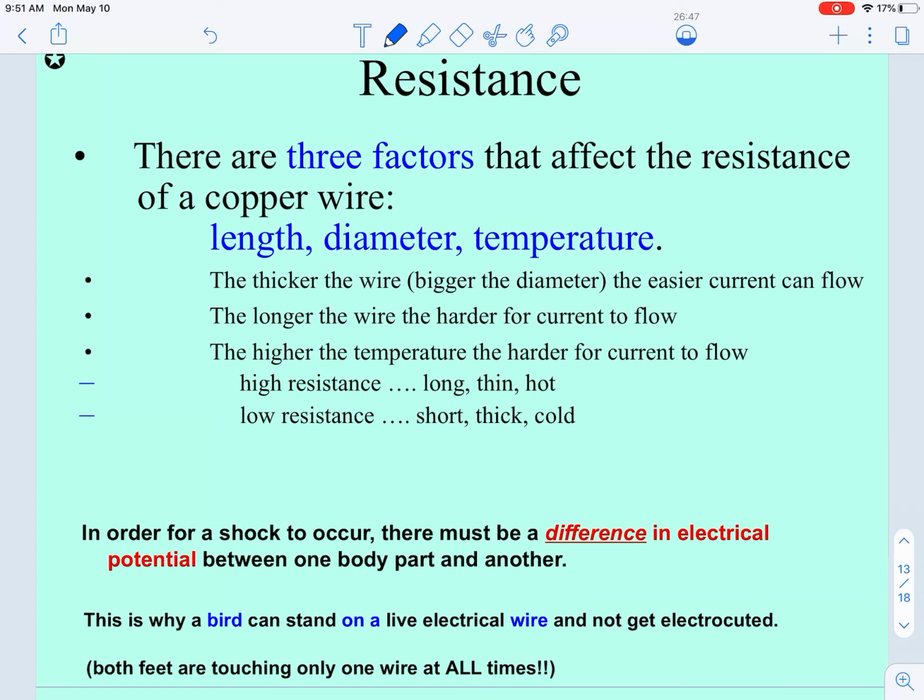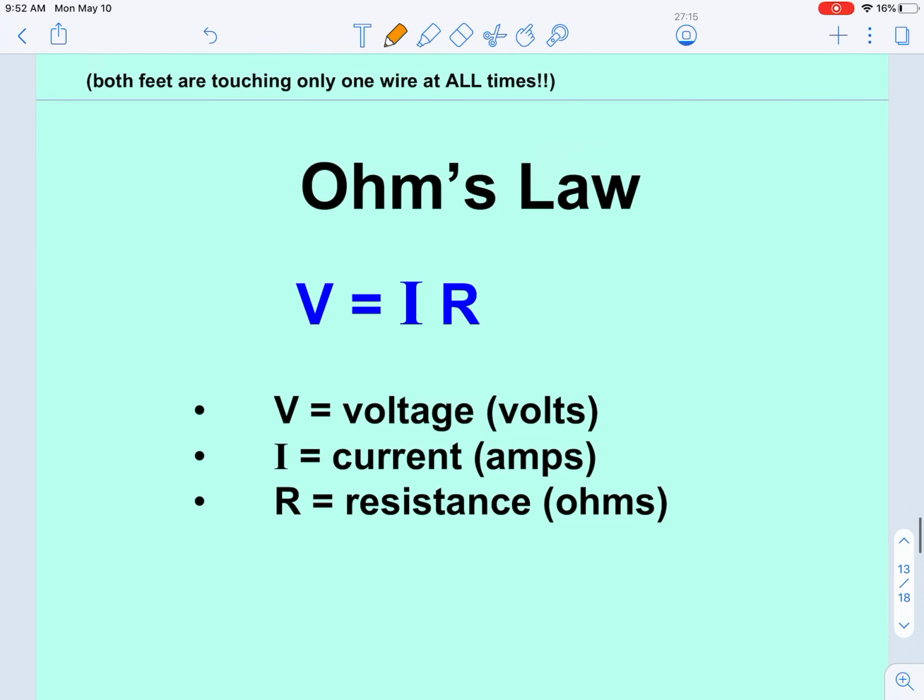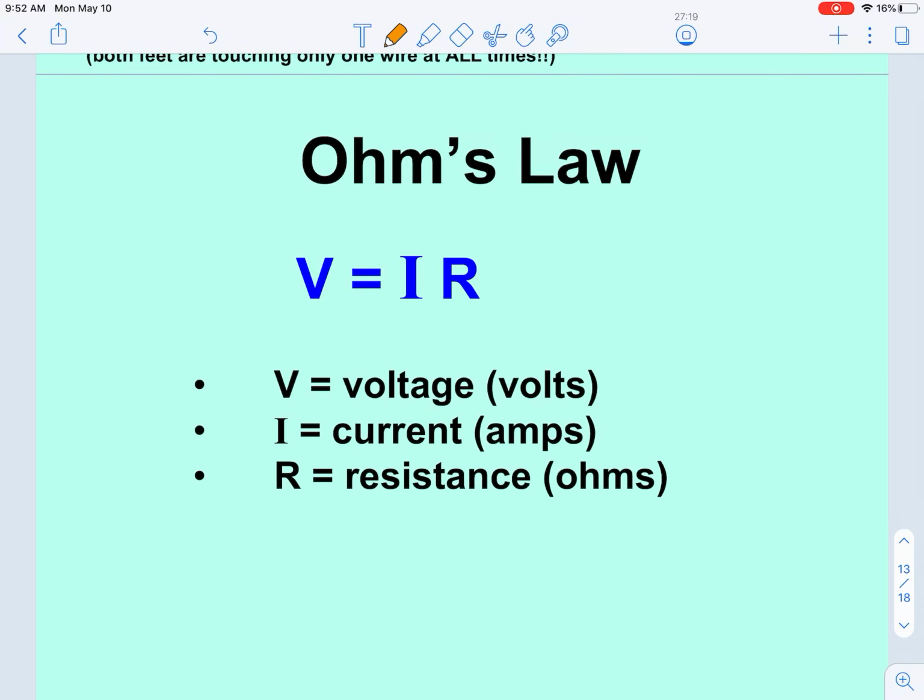So if you want to know what is going to create the most resistance, it is going to be longer wires, it's going to be high temperatures, and it's going to be thin wires, or they have a very small diameter, okay? So it says here the bigger the wire, the easier it is, so thin wires are going to create more resistance.